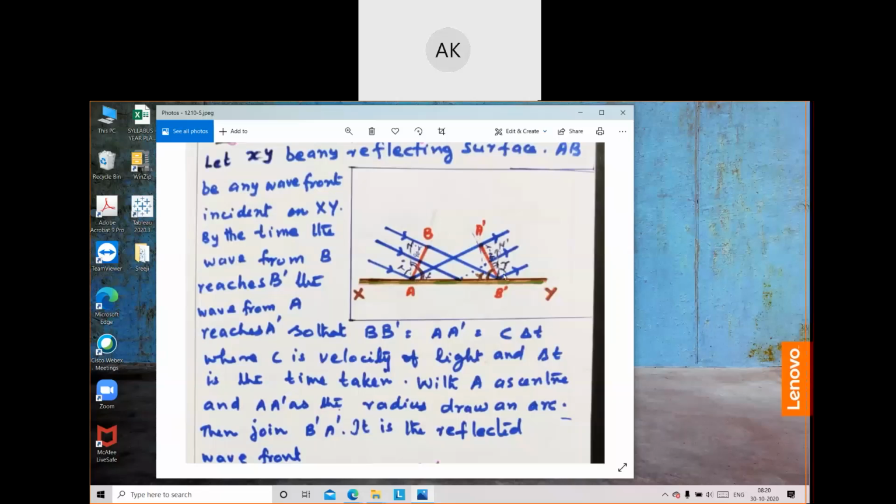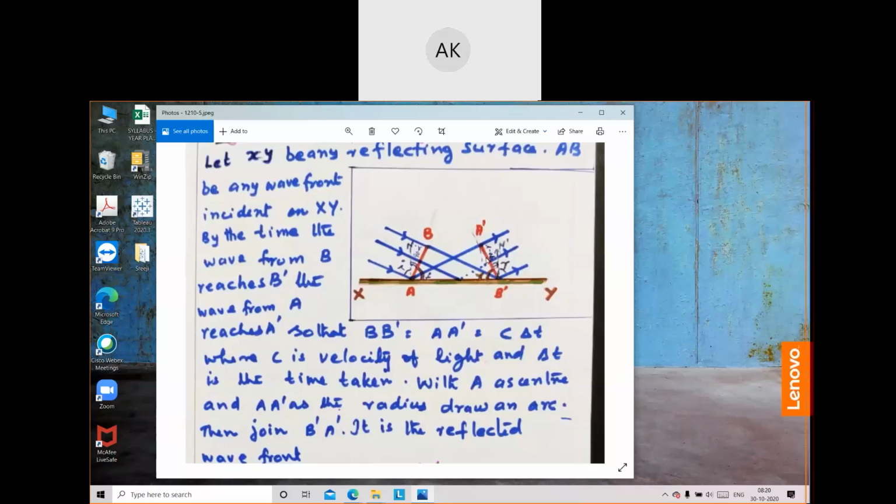Then you draw a tangent. We already reached here, so these particles will be vibrating in the same phase. By the same time, this is the incident wavefront, and in the same time we get the reflected wavefront. It will cover the same distance. So draw a tangent.